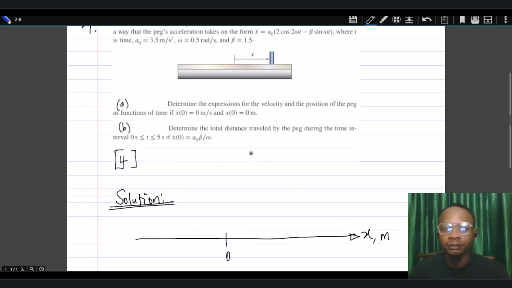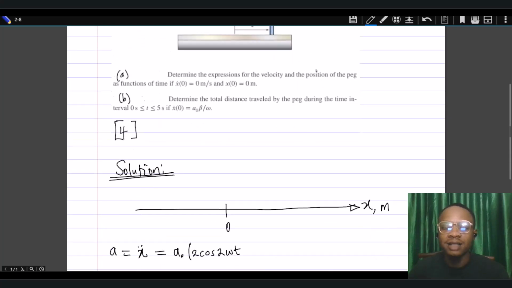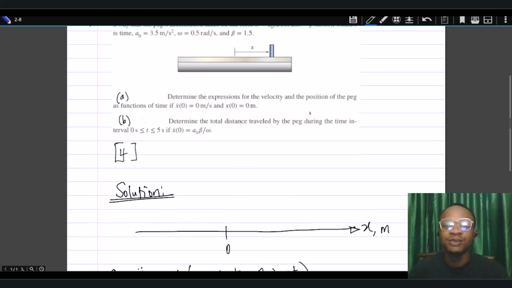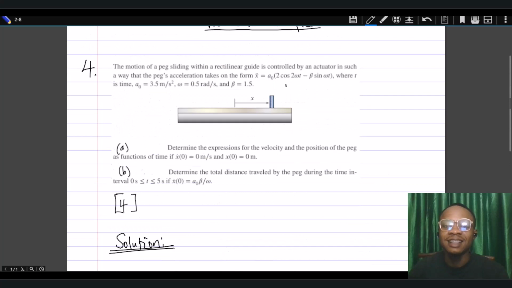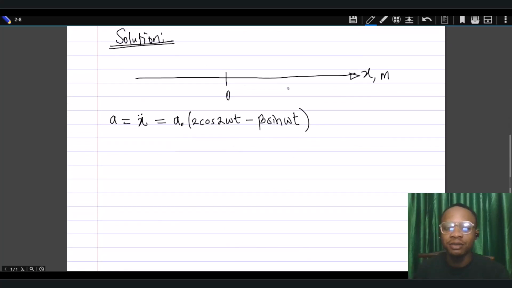Then this is minus beta sine omega t. All right. So in this case, a naught is 3.5 also. So let's write that out as well.